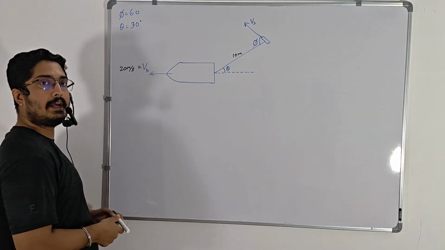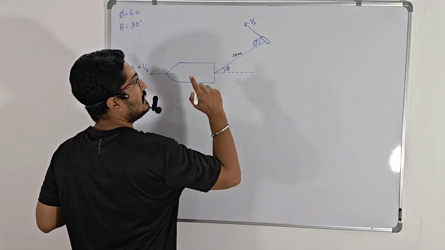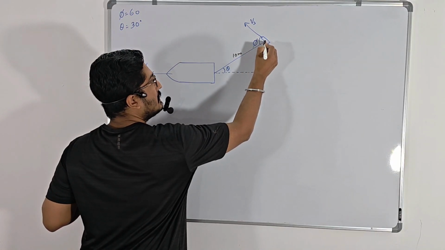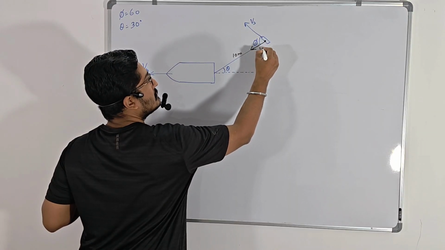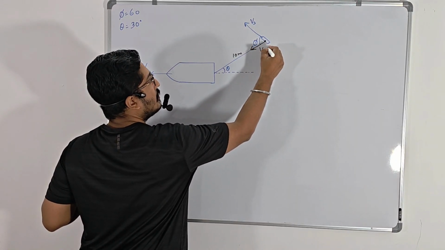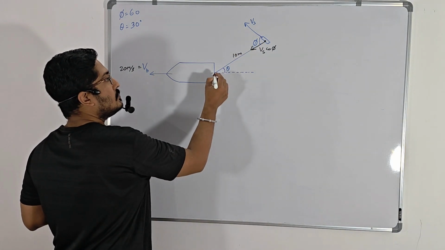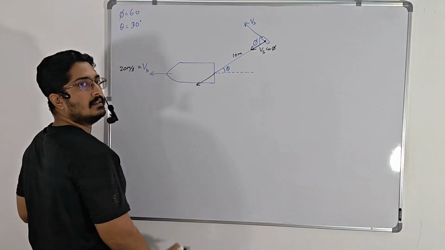And if the rope cannot extend, then by using the logic of this constraint, whatever velocity the ski would have in this direction, the component will be Vs cos phi. This velocity should be equal to the velocity of the boat that is there in this direction.